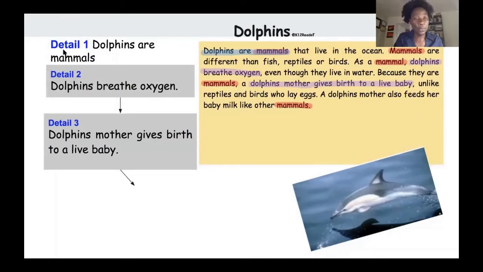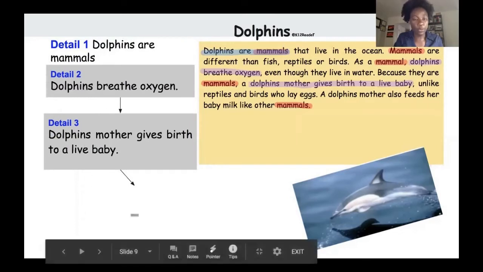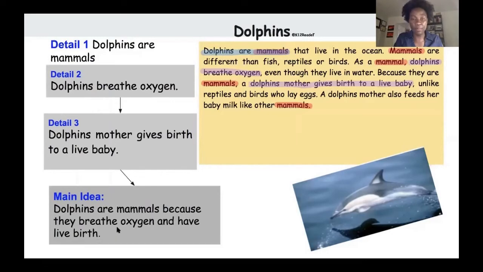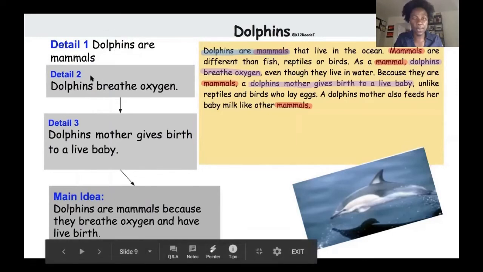When I read all 3 details, it helps me to summarize and infer that my main idea is dolphins are mammals because they breathe oxygen and have live birth. So I basically summarize my 3 details here to make this one statement.